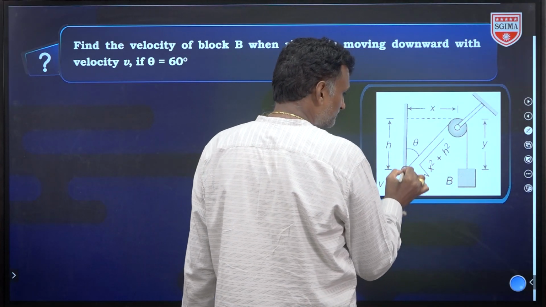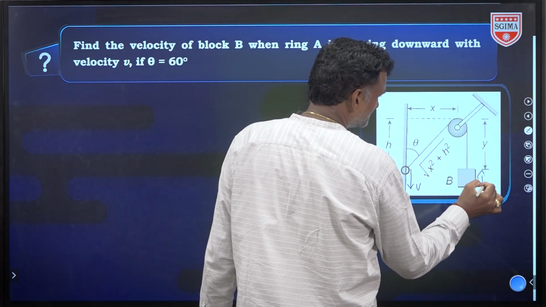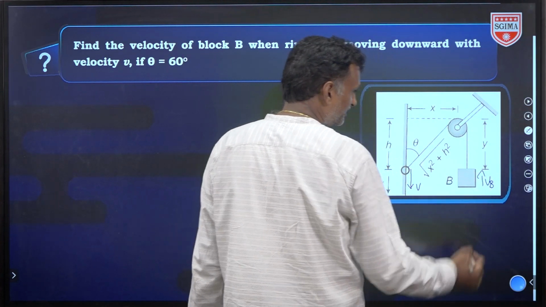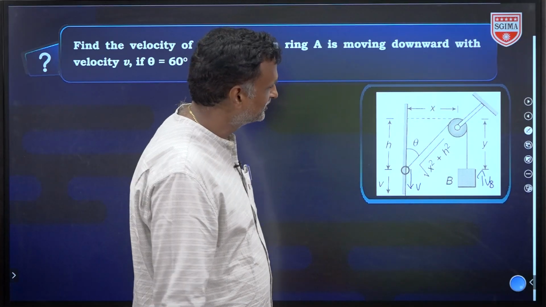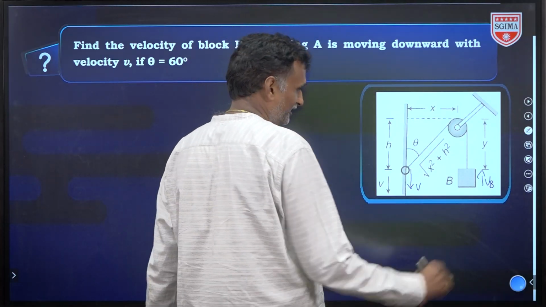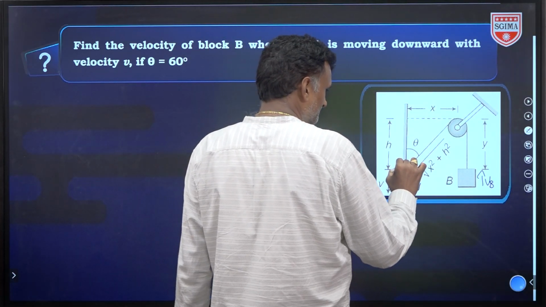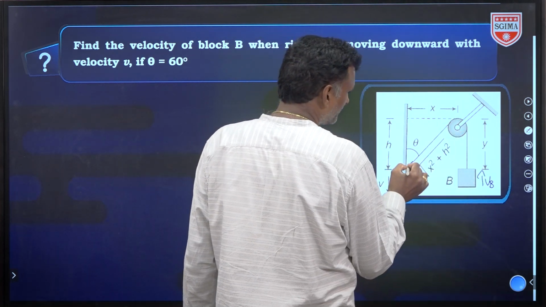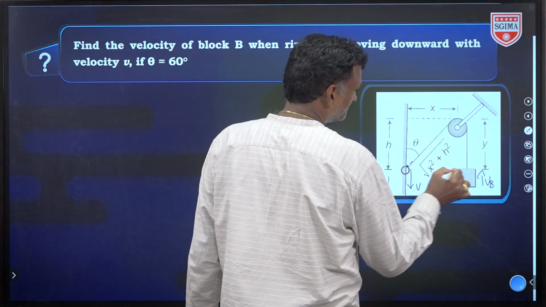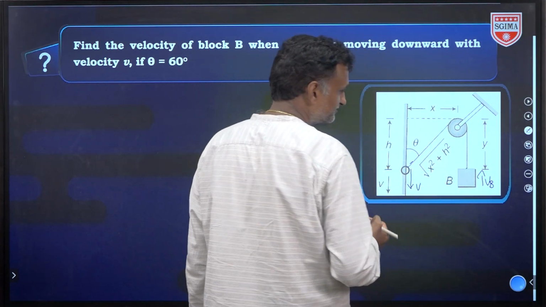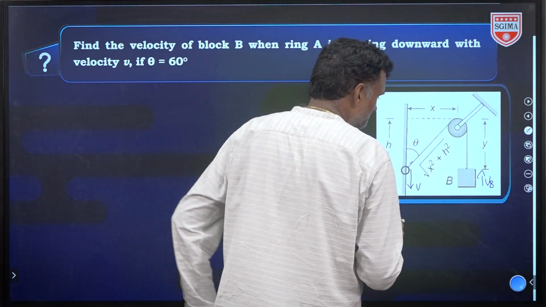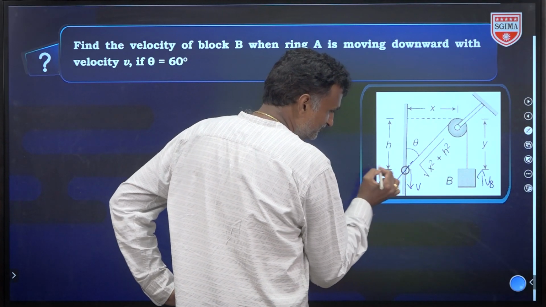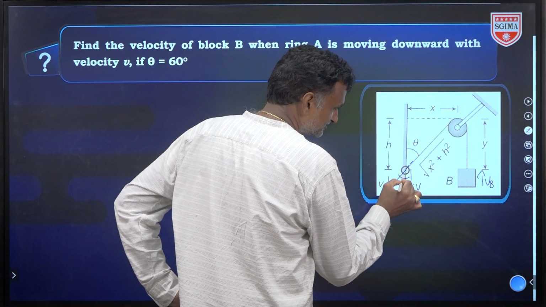Whenever the ring moves downward, there is a chance of the block moving upward, so let us take VB upward. Again, we can imagine this string as a rigid portion; otherwise, the connection points of these bodies we can consider as rigid points. Suppose theta is given here.